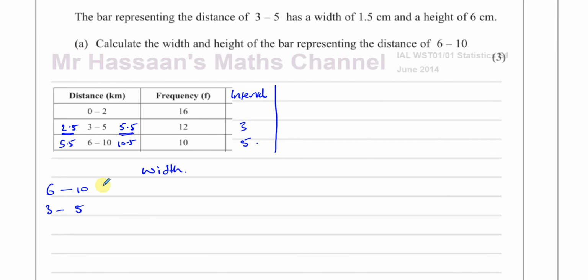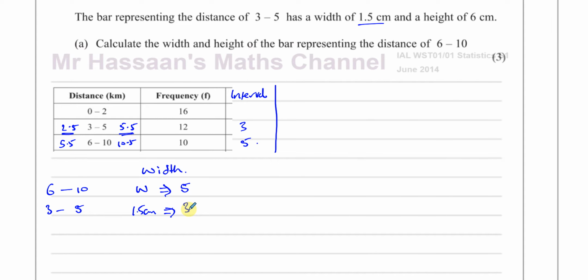So if we look at the 6 to 10 group, which we have to find the width of, I'll call it W. The width of this has to represent an interval of 5 units, and we know that the width they gave us for 3 to 5, which is 1.5 centimeters, is representing an interval of 3 units.